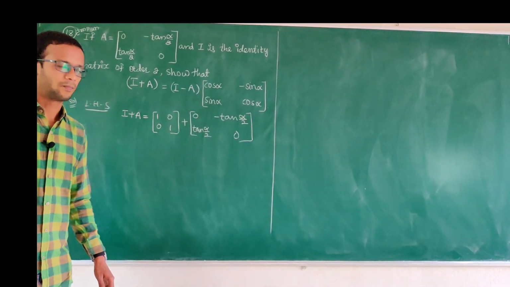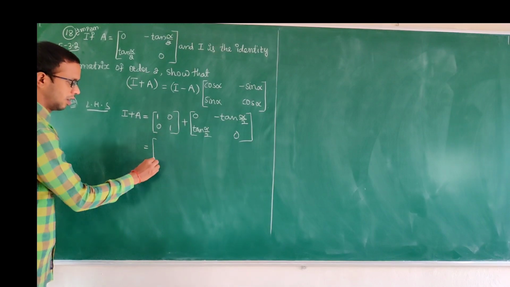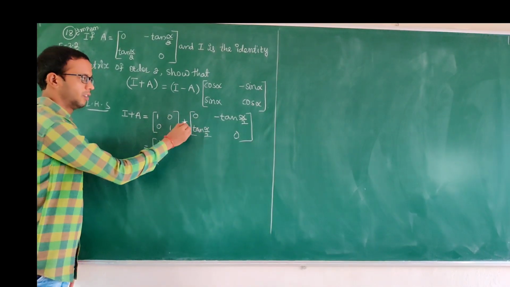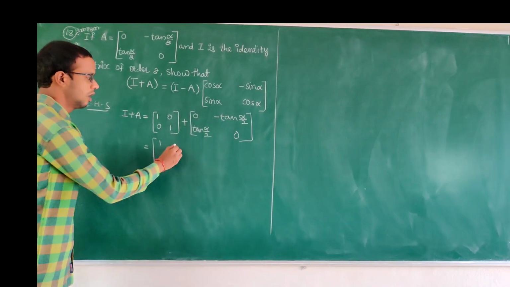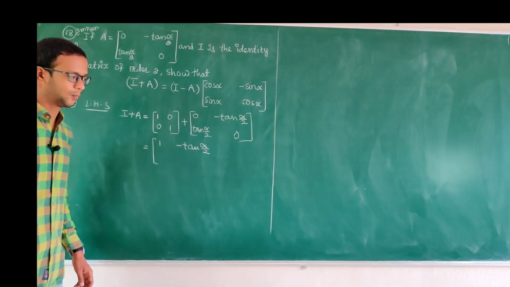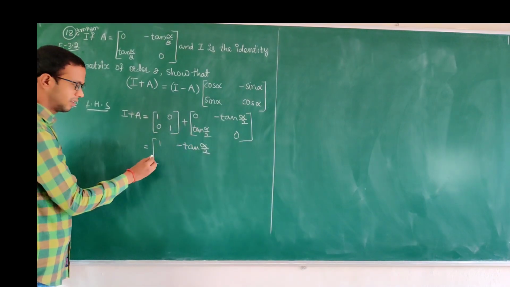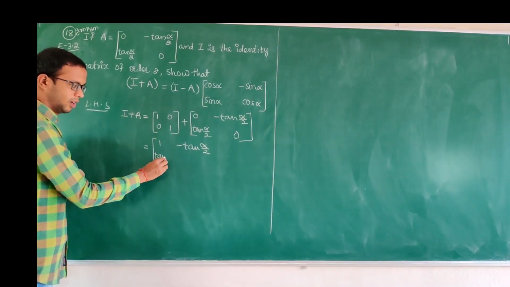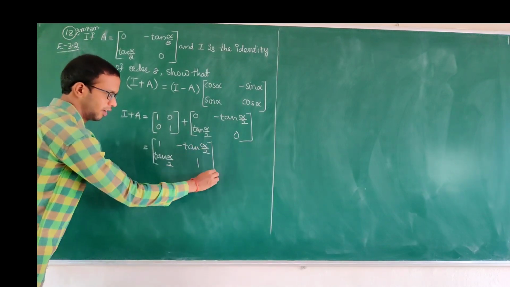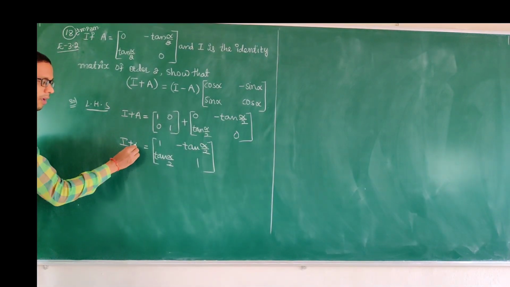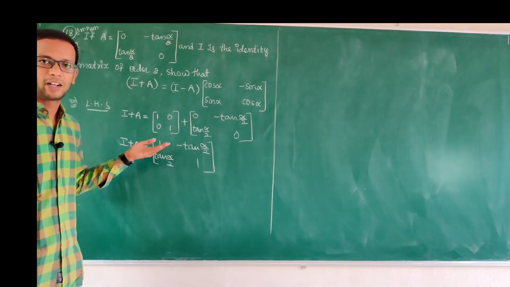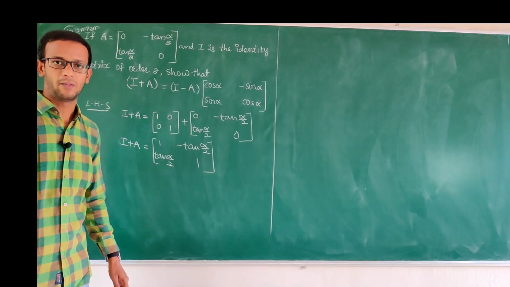So how will we do the addition? Corresponding elements addition. 1 plus 0 is 1, 0 plus minus tan alpha by 2 is minus tan alpha by 2. Next, 0 plus tan alpha by 2 is tan alpha by 2, 1 plus 0 is 1. So this is I plus A, the identity matrix plus the given matrix A.